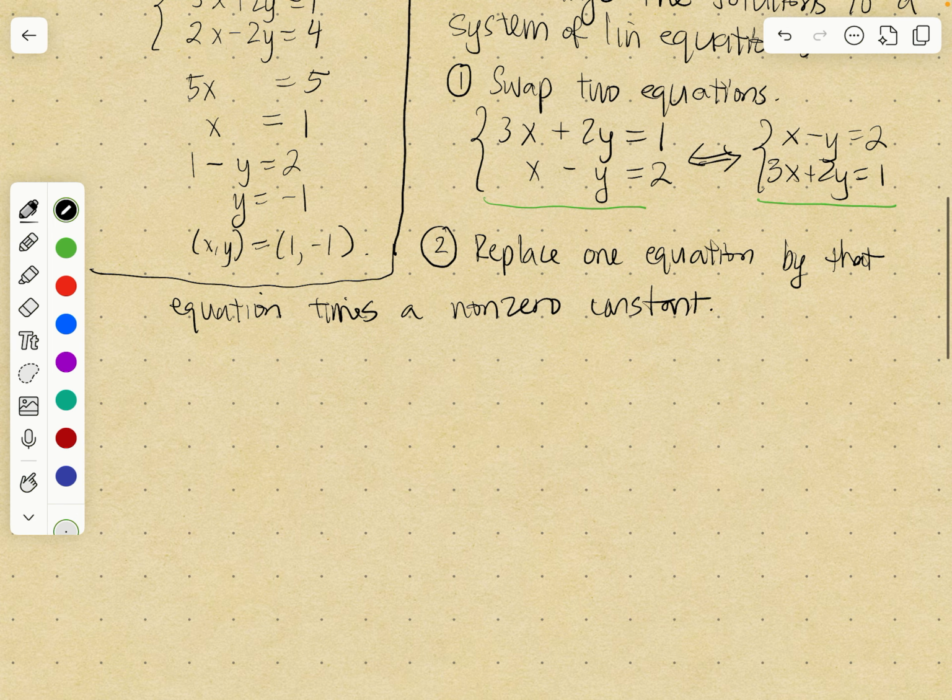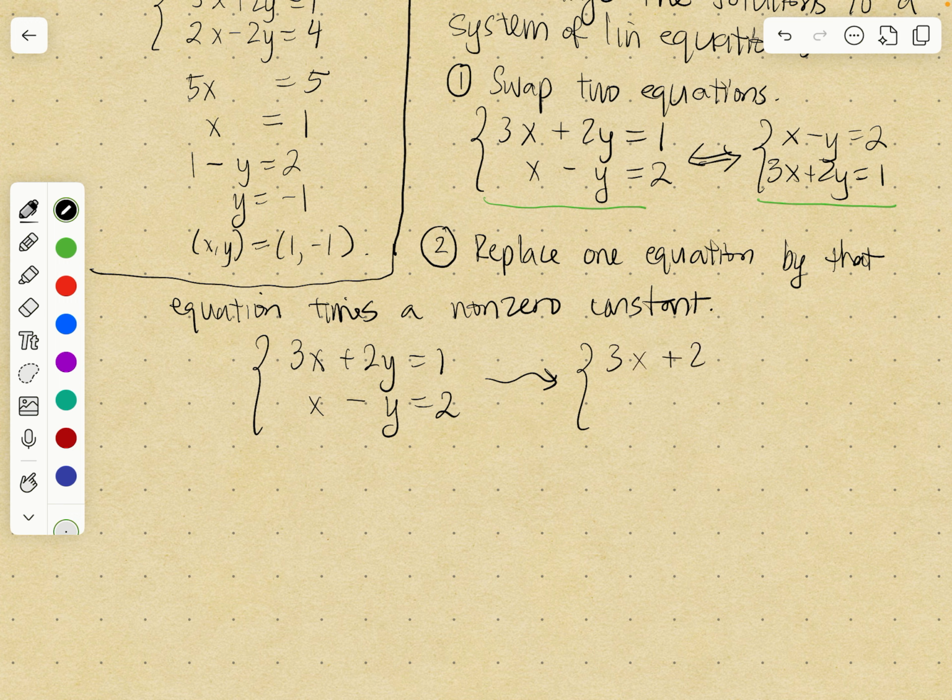What that would mean in this example is, we could keep the first equation the same, but then multiply the second equation by 5. So then you would get 5x minus 5y equals 10.